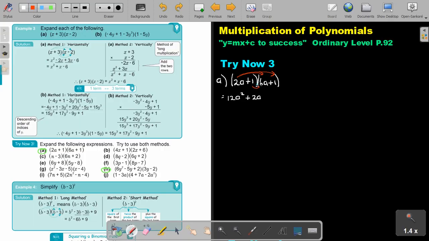Then this one, and this is going to give me 6a, and this is going to give me 1, like. And then this is going to give me 12a squared plus 8a plus 1.